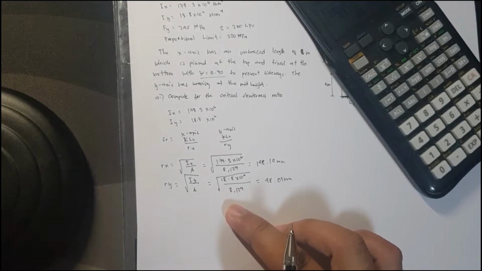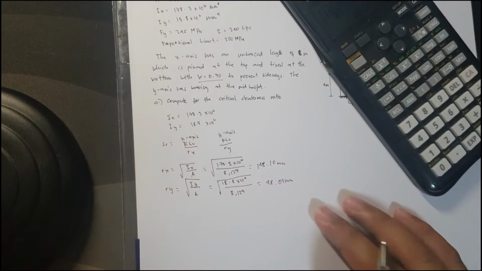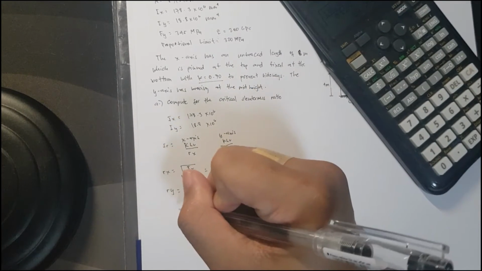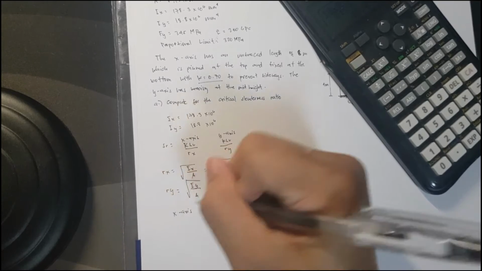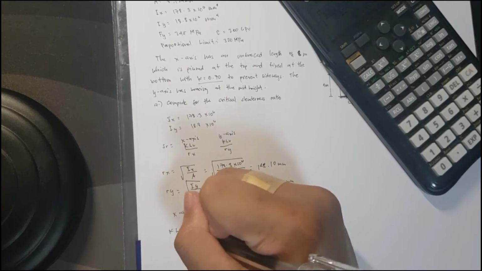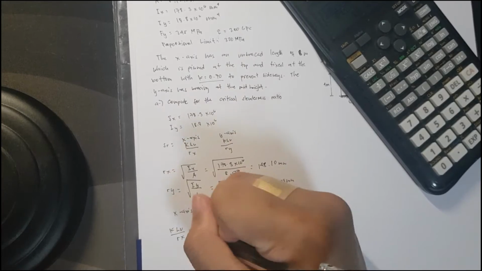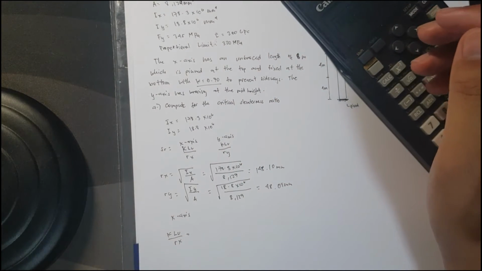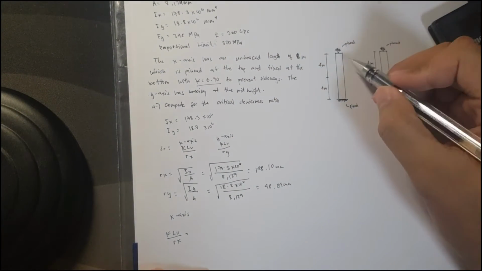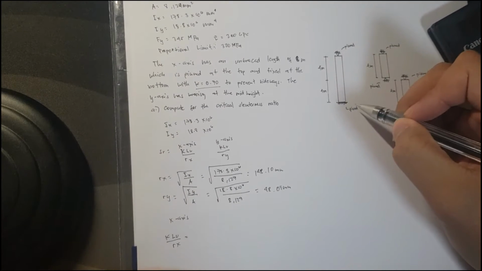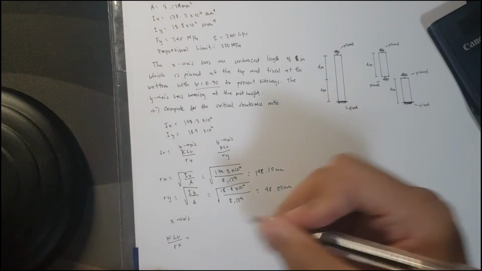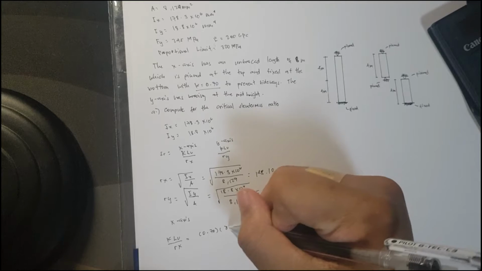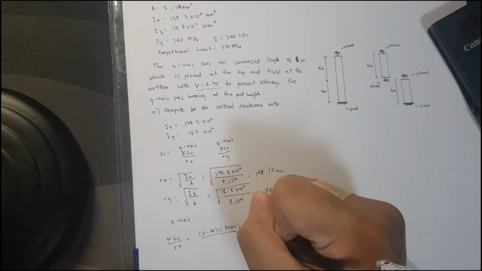So solve lang ngayon natin yung SR natin or yung slenderness ratio. For x-axis, K Lu all over rx. K natin, ang given natin is 0.70, kasi pin tsaka fix siya. So 0.70 times yung length niya is 8,000 all over yung rx natin.